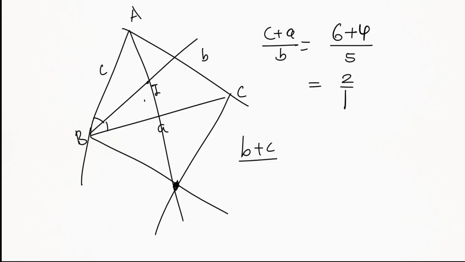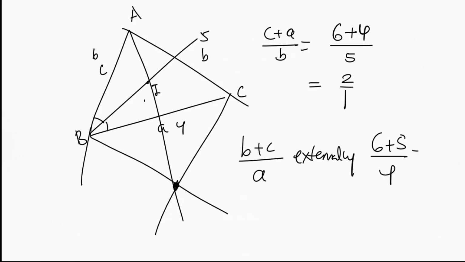B plus C over A, right? And this is a harmonic conjugate, so this will be externally. C is 6, B is 5, A is 4, so B plus C is 6 plus 5 over A is 4, that is 11 over 4 externally.